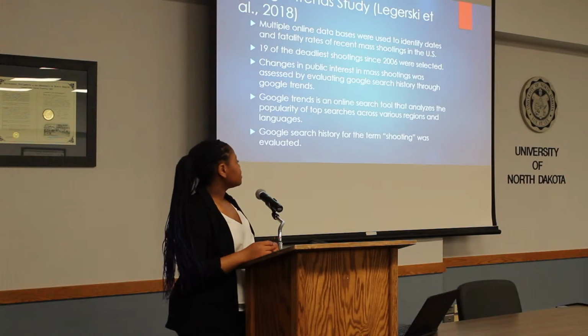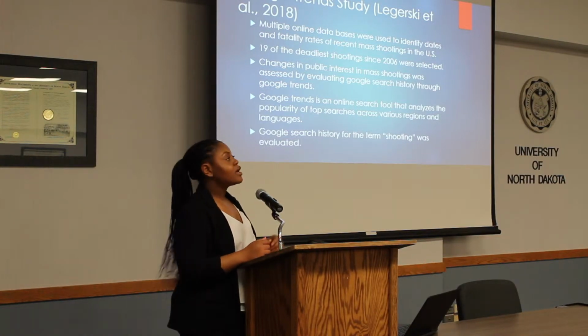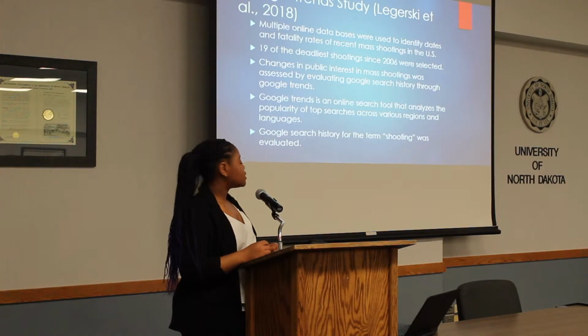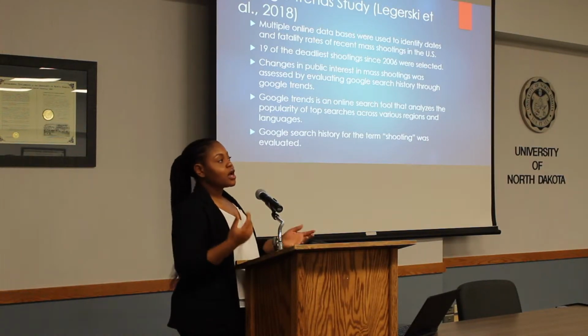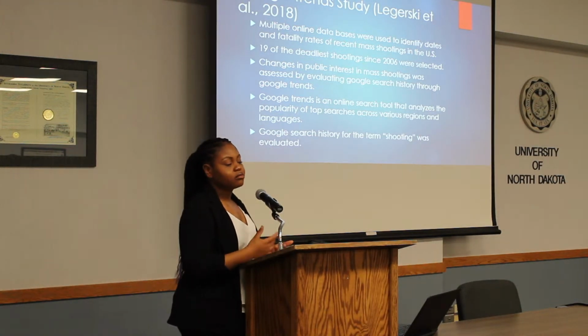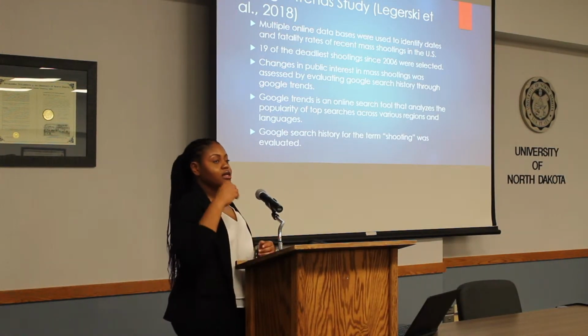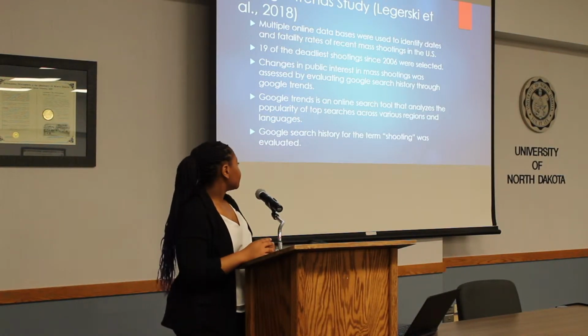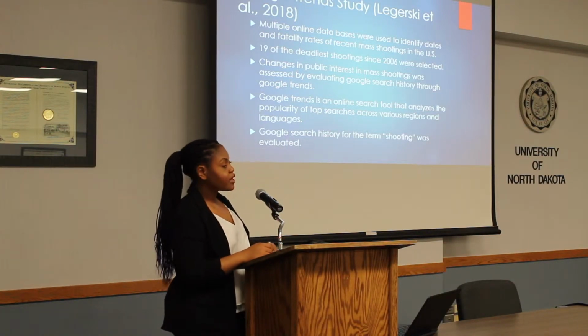Google Trends is just an online search tool that analyzes the popularity of top searches across various regions and languages. How it works is, let's say you use a term, I don't know, shooter, and then it gives you a graph of how many times people have searched that term using Google. And so Google search history for the term shooting was evaluated.